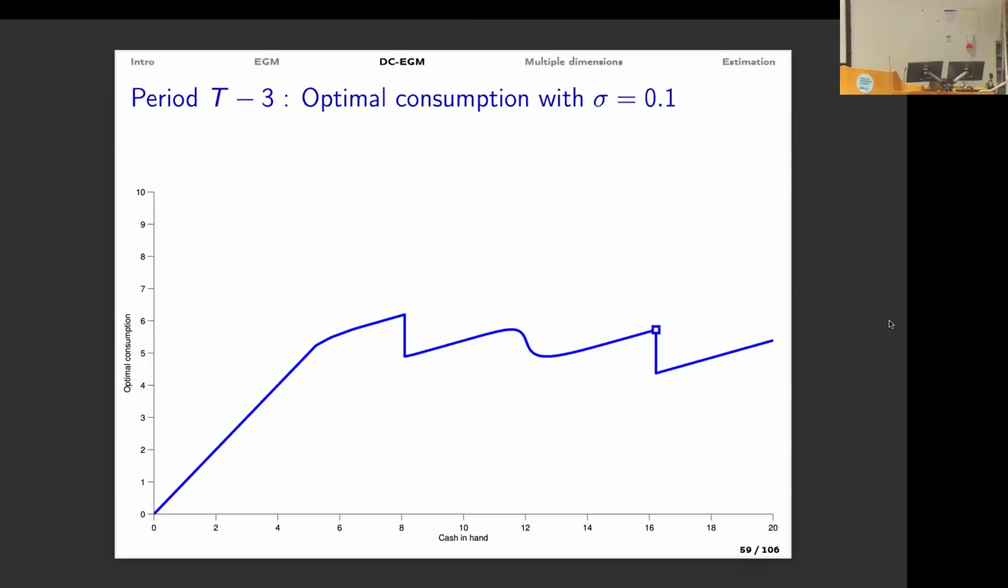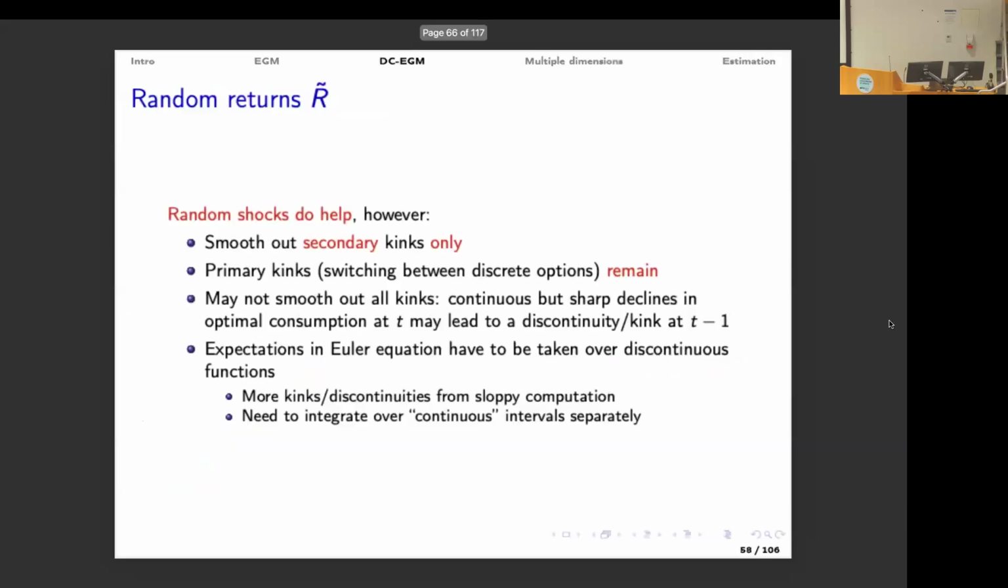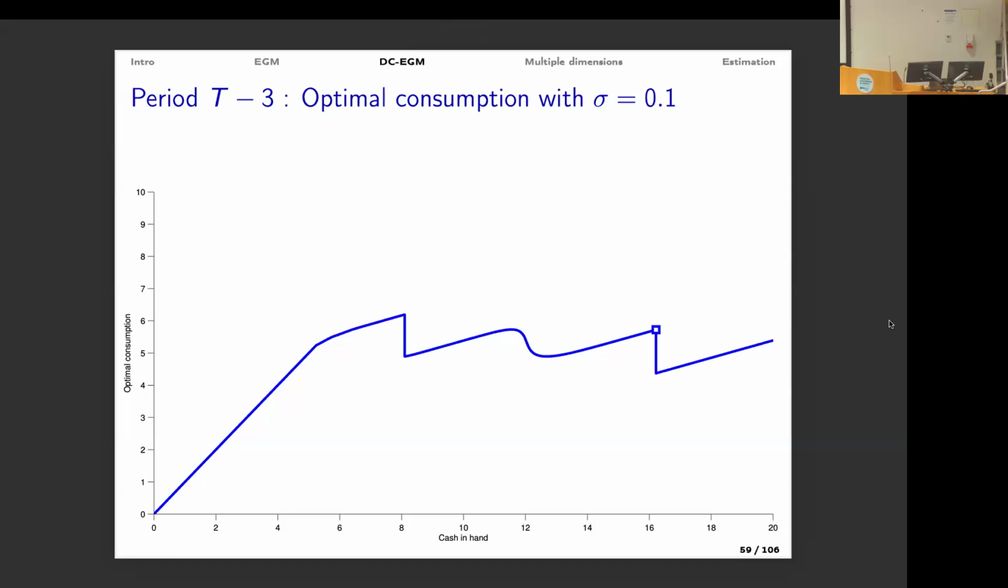Let me just run a few pictures through. So this is a random return. We are calculating expectations around all these kinks. I think it's log-normal returns, with the standard deviation of the underlying normal distribution being 0.1. You can see that the primary kink is still here.